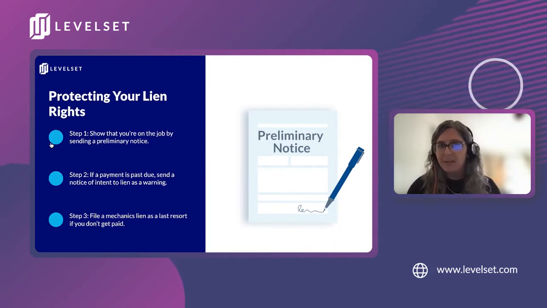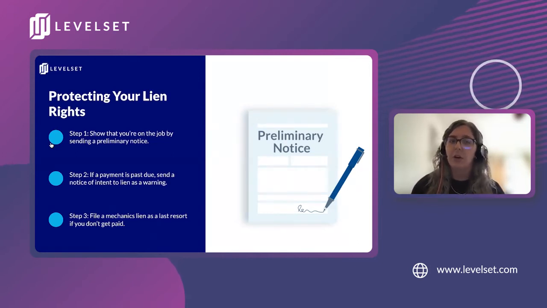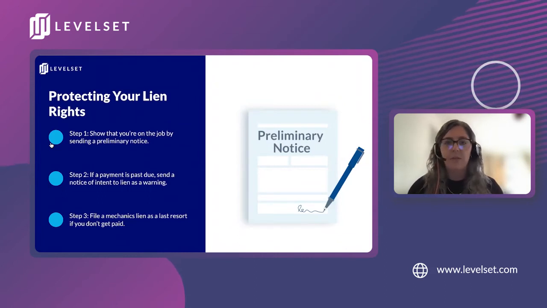This really operates as a warning shot to get the GC and property owner to start taking your payment seriously. Finally, if no communication or progress is made on payment, file a mechanics lien as a last resort to protect your payment. In between these steps, you can send things like friendly payment reminders to encourage your customers to make payment.